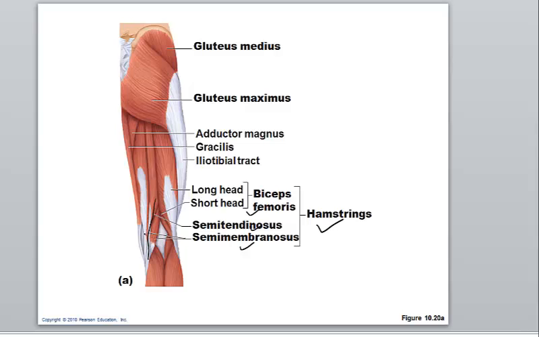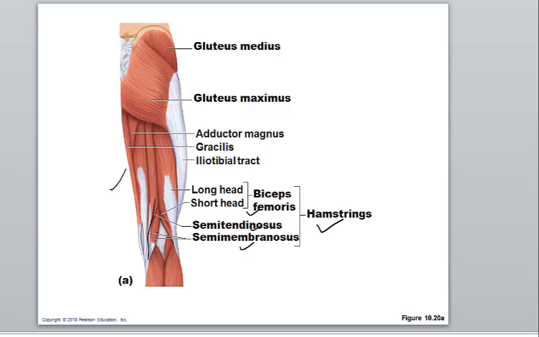You can see how they are deeper to the semitendinosus. The semitendinosus runs superficial to the semimembranosus, which is thin and sheet-like. What is its function? Biceps femoris, all three of these, extend your thigh and flex your knee.